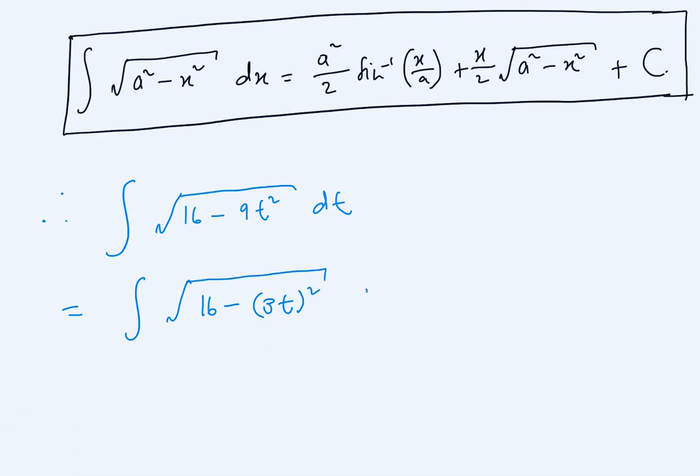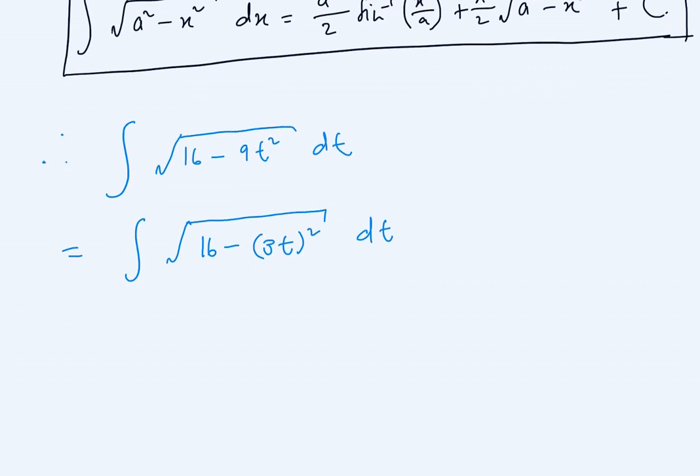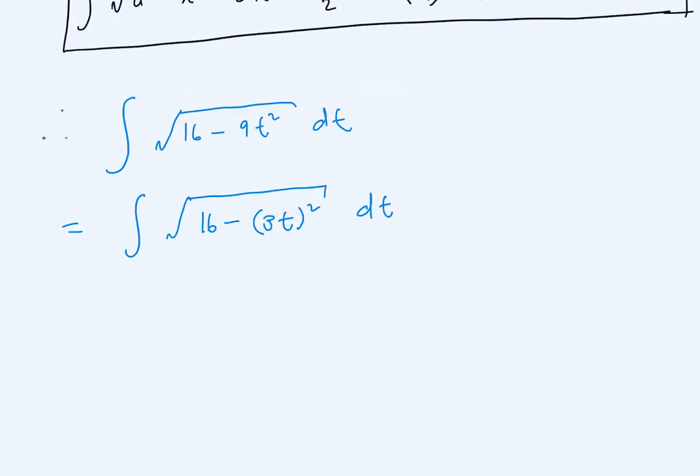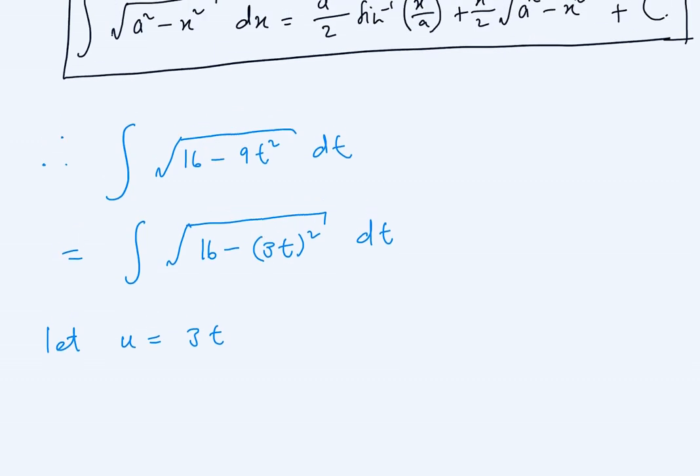We're integrating with respect to t, so we can rewrite it like this because it has to be in this form. If you look at the formula, we've got the integral of the square root of a squared minus x squared. We have to then use algebraic substitution for this one. Let u be equal to 3t. We have to differentiate u first with respect to t, and then perform a substitution so that we can write our integral in the form of the formula.